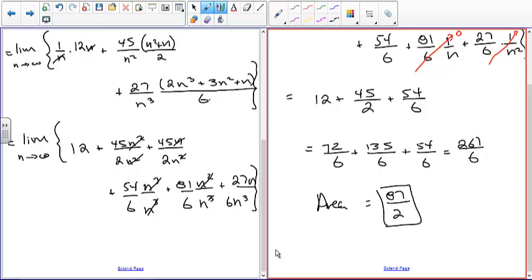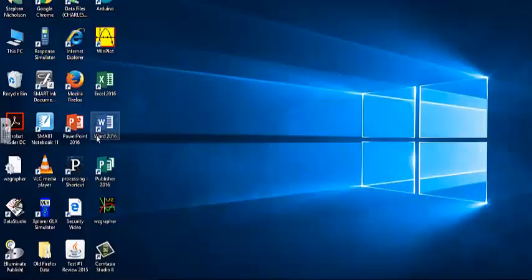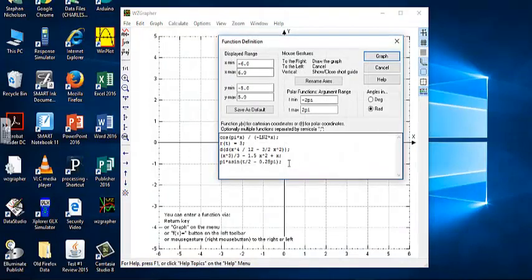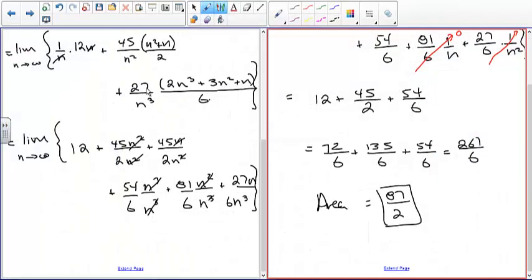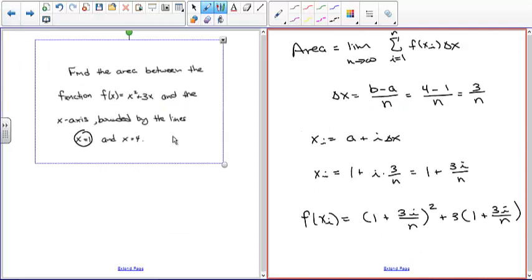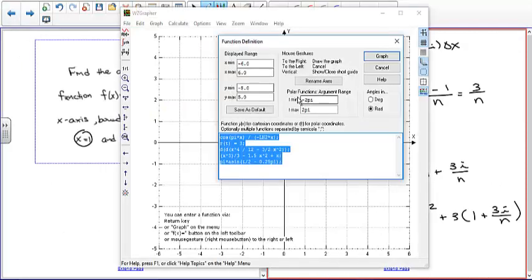Let's actually just look at the curve. So here's the graphing program. So the function was, what was the function? X squared plus 3x.